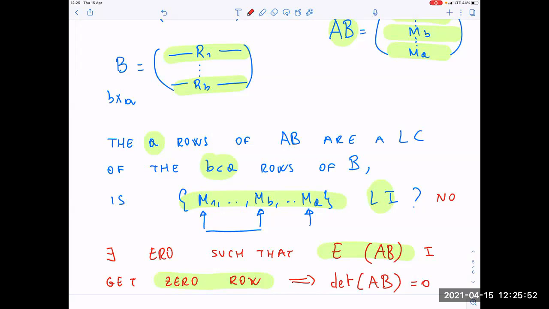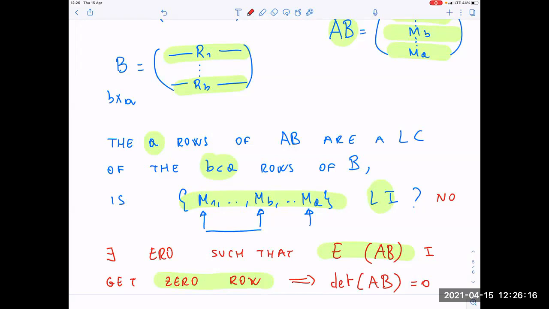The rows of B are not linearly independent. We cannot say that. But what we can say is that the rows of AB for sure are not, because they come as linear combinations of the rows of matrix B. So what is the idea?